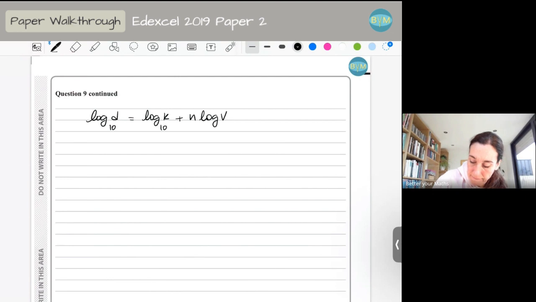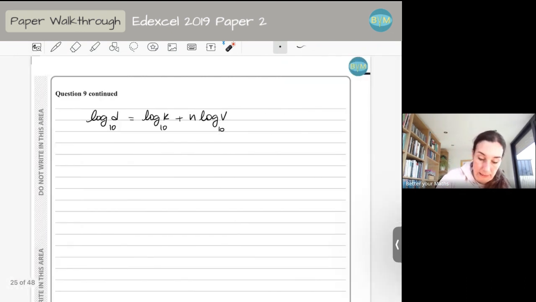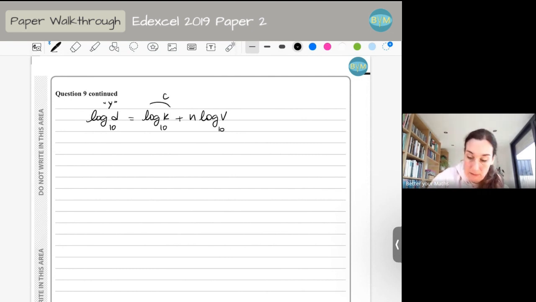And if you realize, this looks quite linear because we have a variable, this one in the vertical axis, so this is working as a y. This is our kind of y. Then we have a number. Log k is a constant. This is going to be our y-intercept.